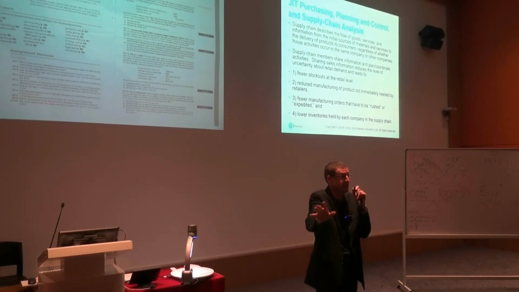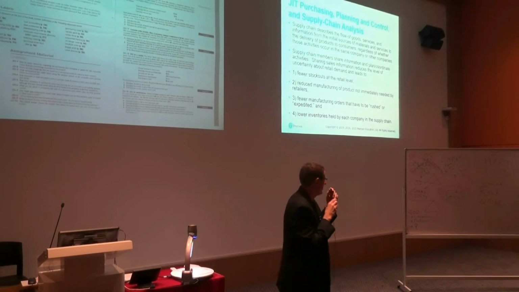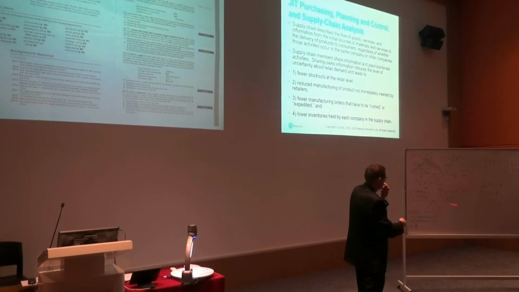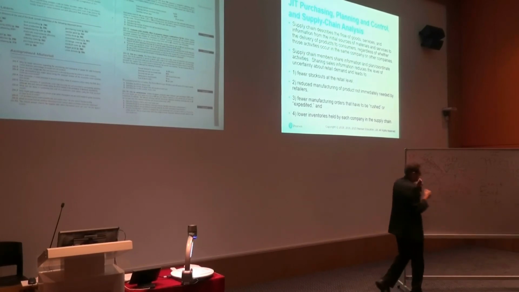And then actually that creates more uncertainty in some ways. What is that uncertainty? We'll talk about on Thursday, but part of that uncertainty is it increases the cost of stockout. And so now we are trading off carrying costs versus stockout costs.